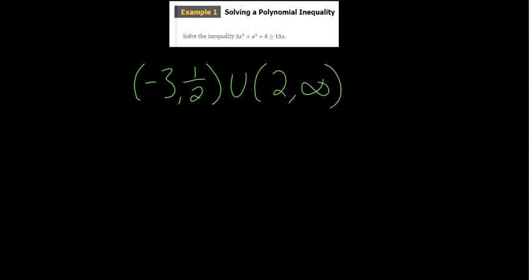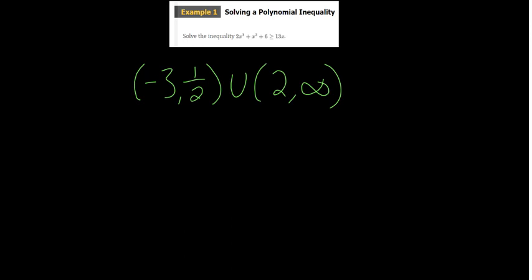So how would I write that? Well, I would say from -3 to 1/2 union with 2 to infinity. Okay, but wait a minute. This particular problem has a greater than or equal to sign, right?